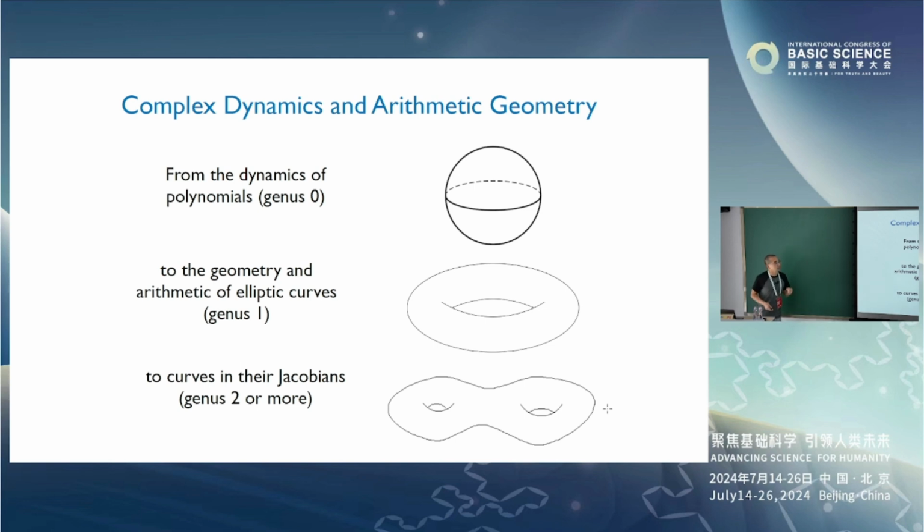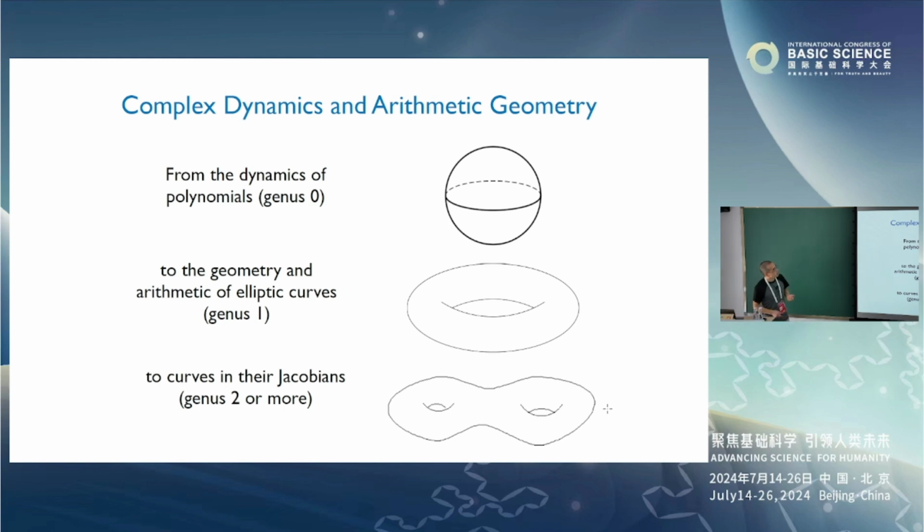People realized there are lots of very interesting things. Later, starting from a complex analysis point of view, people studied the topology and connectivity of the Mandelbrot set and the structure of the Julia set.